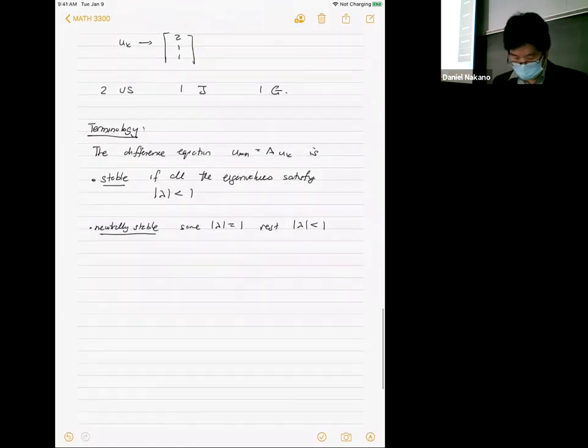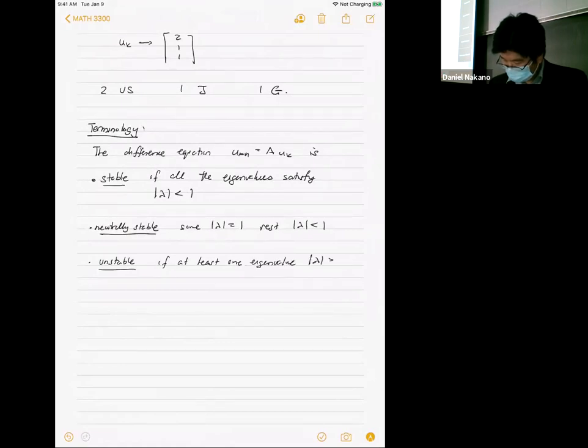Okay? And it's unstable if at least one eigenvalue has absolute value strictly bigger than 1.